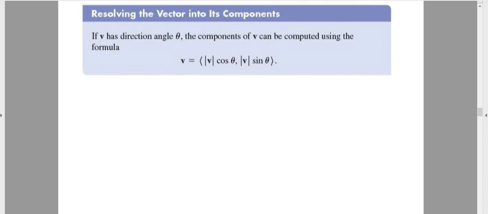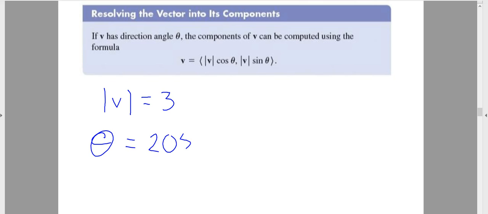So let's say the magnitude of vector v is 3, and the direction theta is 205 degrees. I have enough information there to come up with the components.